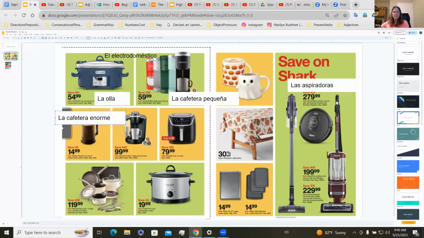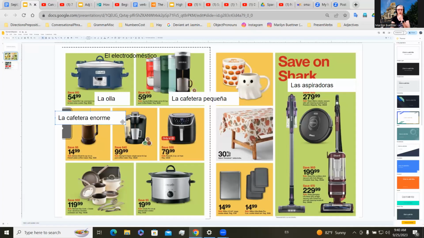La cafetera pequeña, también de la marca Keurig, pero es una cafetera más pequeña, ¿sí? Bueno, y fíjense, notice, cafetería is cafeteria or café, right? Pero cafetera. So we have to make sure we've got the right sounds in there. Cafetera.